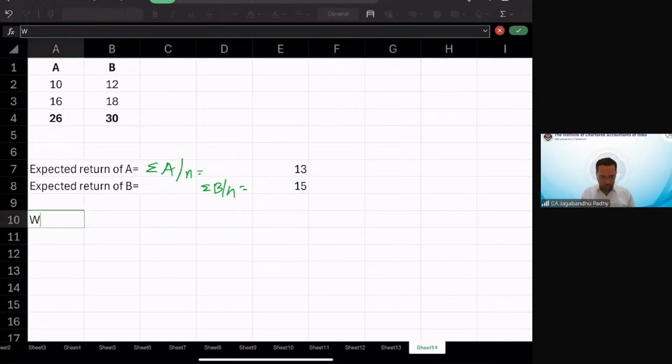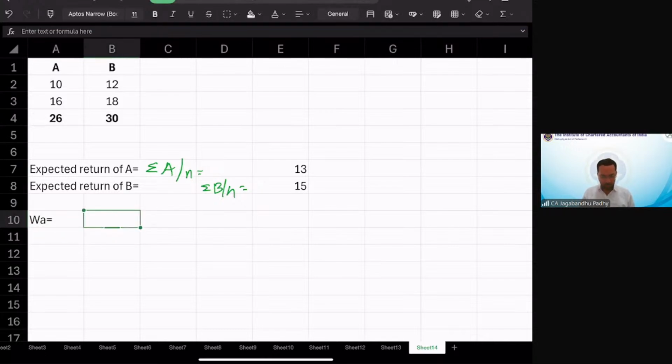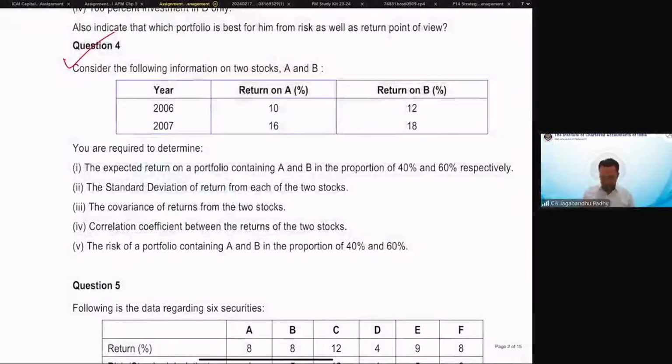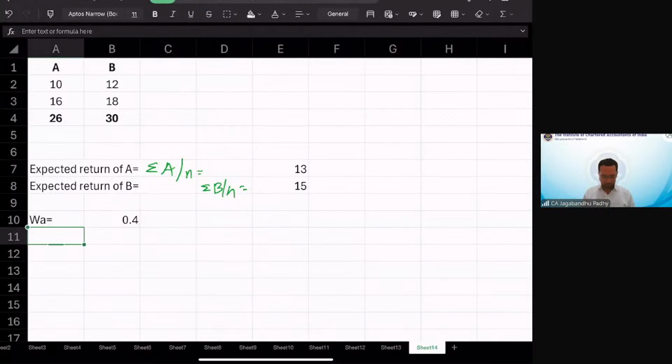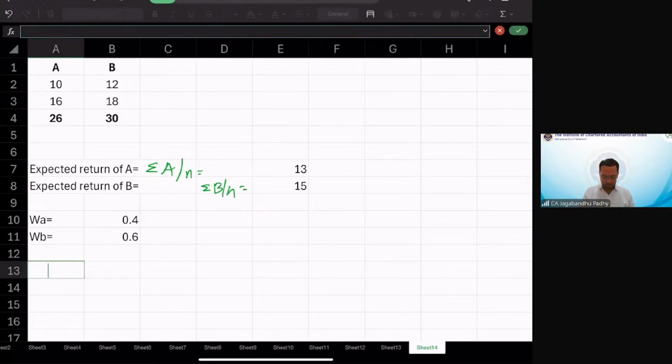Then we have the weightage of A as 0.4. Weightage of B is 0.6. So what will be the expected portfolio return?